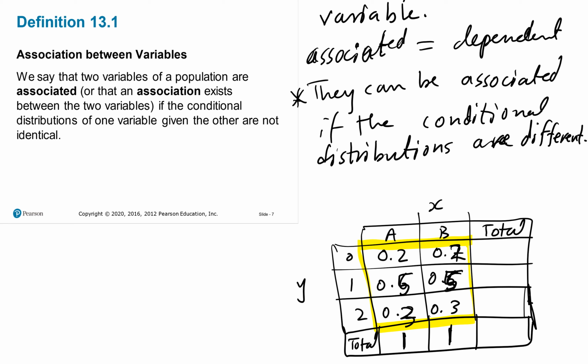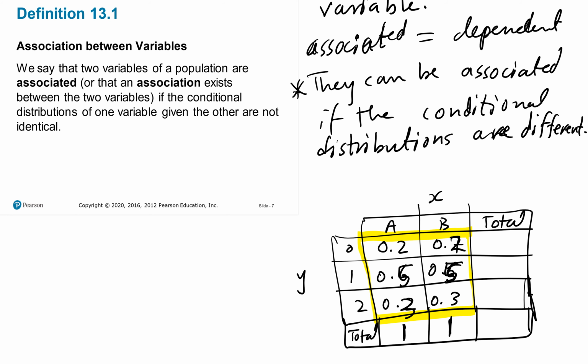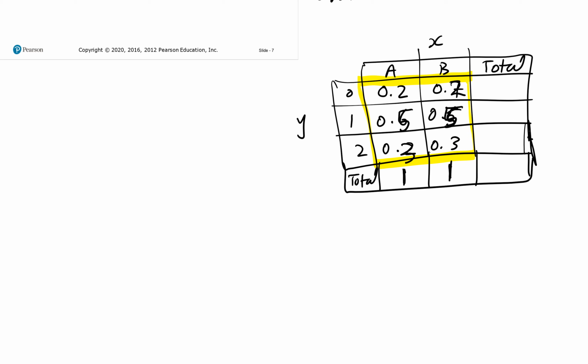That's something we're going to look at. Do we have association between the variables? So we can ask a question: are the variables X and Y associated?